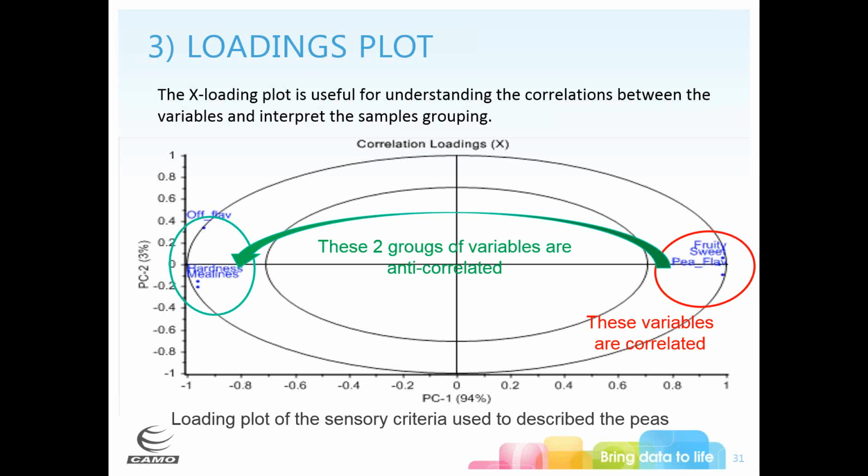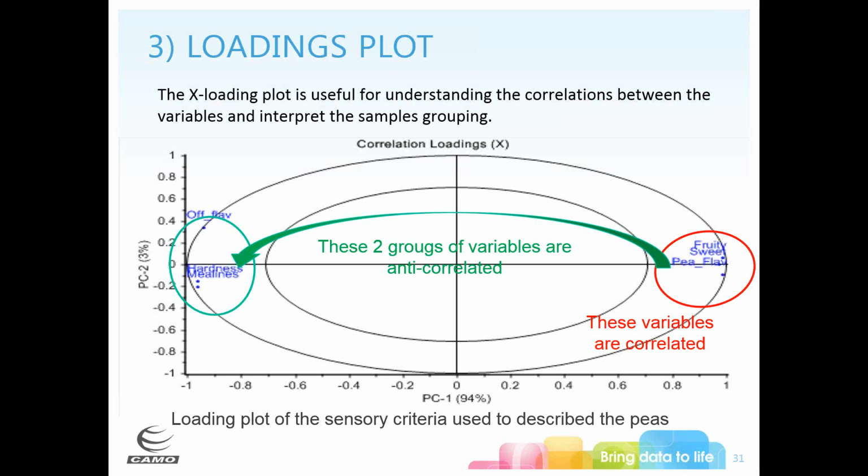All right, this is really handy for variable reduction. If you don't quite understand what pea flavor means, then perhaps that's something that you would remove from your analysis, because it correlates so closely with fruitiness and sweetness, which most people can understand a little bit better.